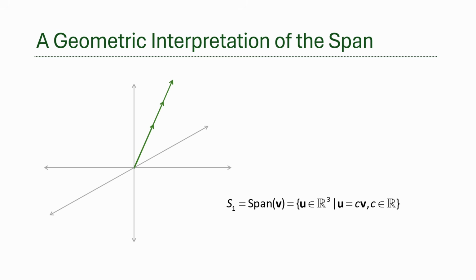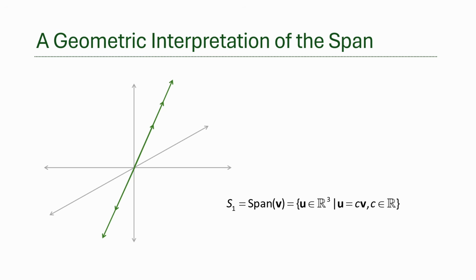If the scalar is between 0 and 1, I'll actually get a smaller vector, but it's still going in the same direction. If we multiply by a negative number, then we have the same geometric effect, but the vectors are going in the other direction. All right, so what can we say about the span of a single vector in R3? Well, geometrically, it's going to be a line.